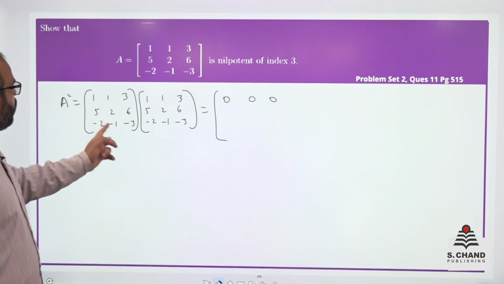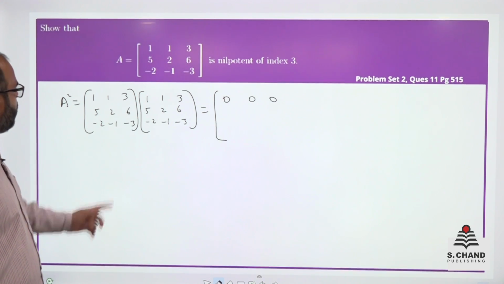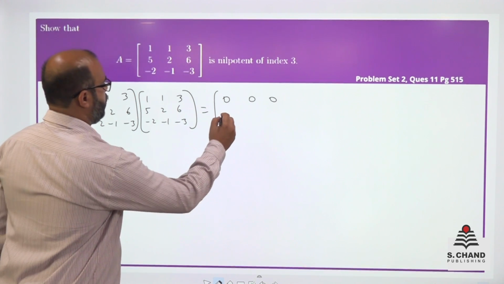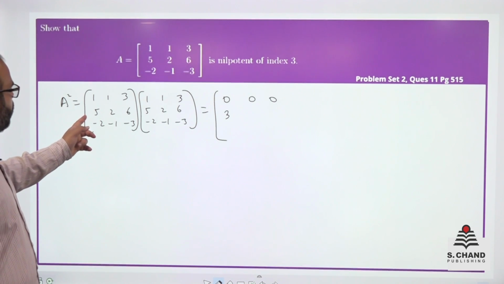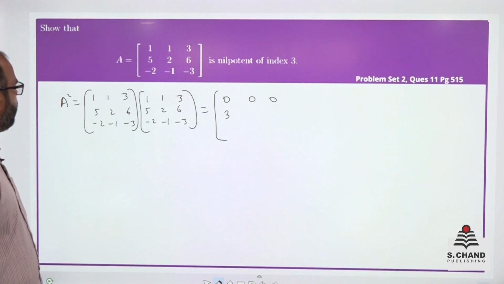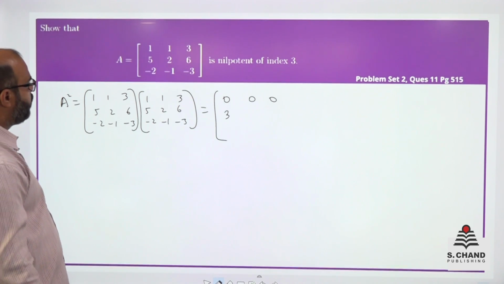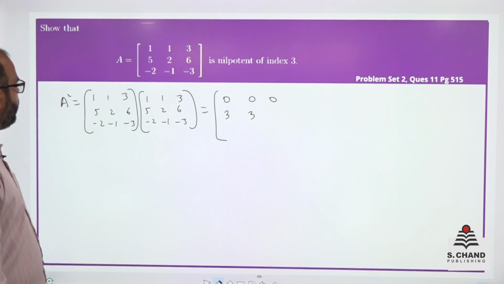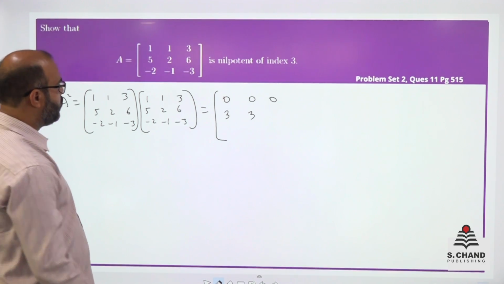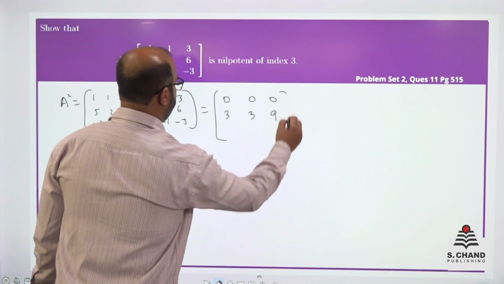Then second row, first column: 5, 10, 15, minus 12, that is 3. Second row, second column: 5 plus 4, 9, minus 6, 3. Then 15 plus 12, that is 27, minus 18, that will be 9.